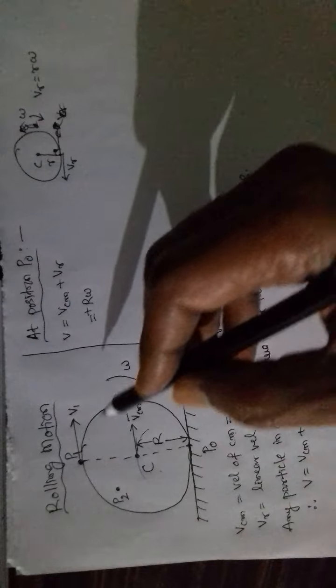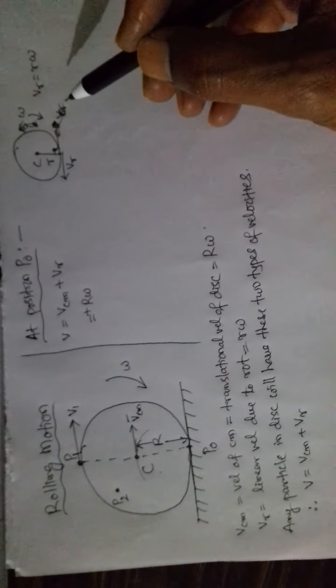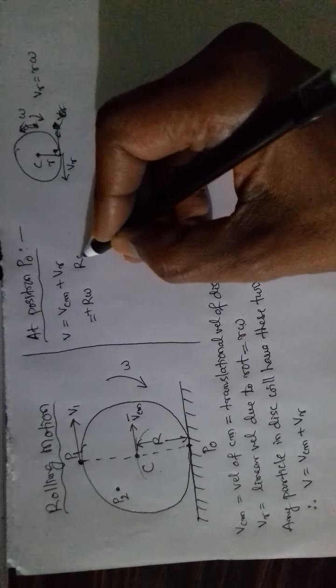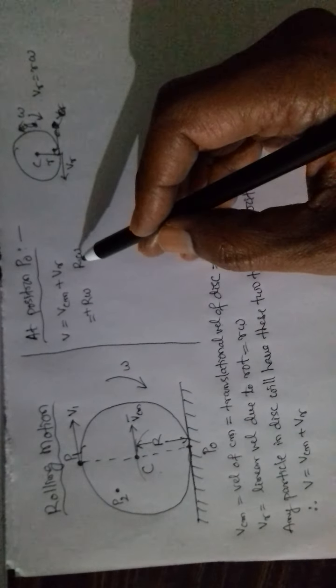Next, VR is the linear velocity due to rotation. Omega is in this direction, and the tangential velocity here will be in this direction because the disk is rotating clockwise. Therefore VR will be in this direction, and VR is equal to R omega, where R is the capital R, and this is to the left hand side.